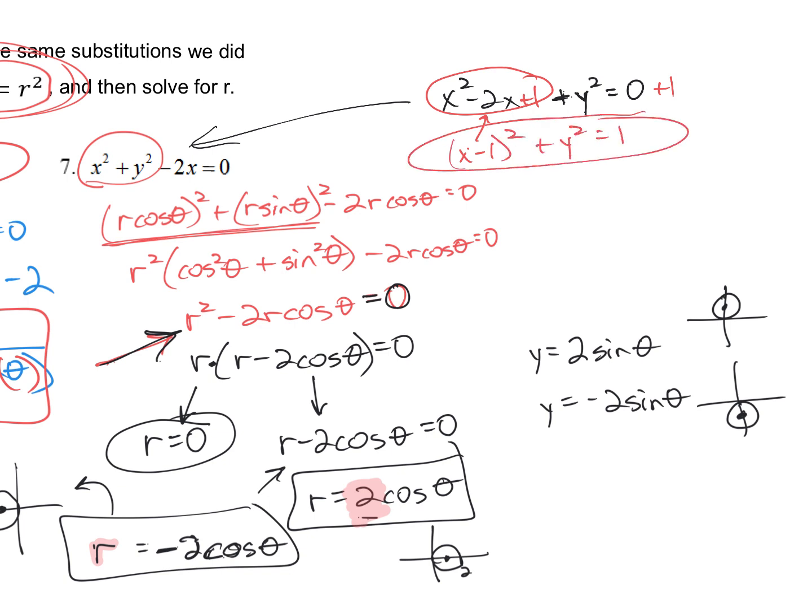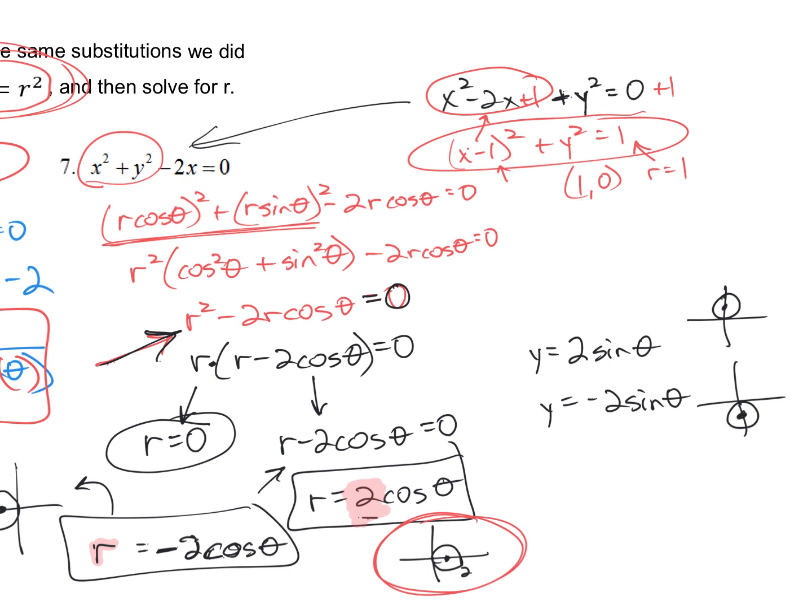That's a circle centered at the point 1, 0, because that's what's subtracted from each one of the coordinates, and it's got a radius of 1. That was our first one that we did, which was right here. So it's centered at 1, 0, radius of 1. So you could have gotten it from that, but I think it's pretty elegant the way that you can draw a circle on an axis here.